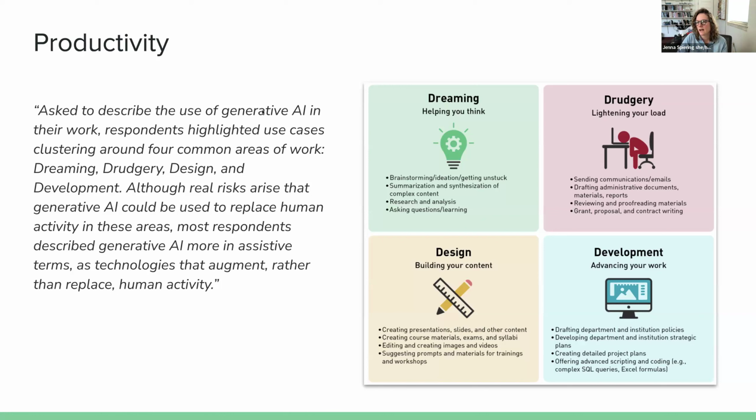Drudgery: things that can help to lighten your load, like sending communications. For me, I write a lot of letters of recommendation, and while you definitely need to put a lot of personal touches in those, having some place to start can really help to get the task done more quickly. And then development, or advancing your own work.